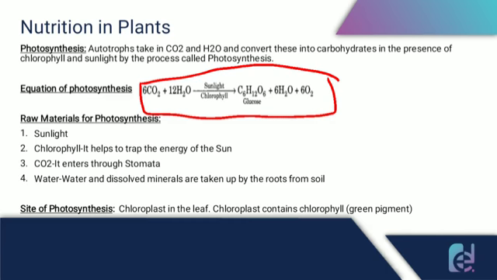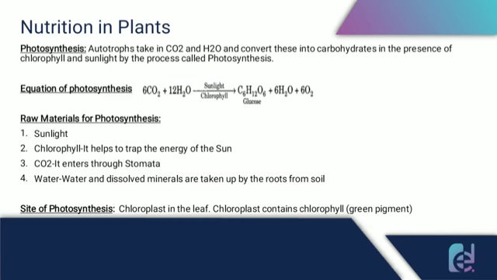From the equation you can clearly make out that the raw materials for photosynthesis are sunlight, chlorophyll, carbon dioxide and water. What is the product and byproduct? The product is glucose and the byproducts are water and oxygen.